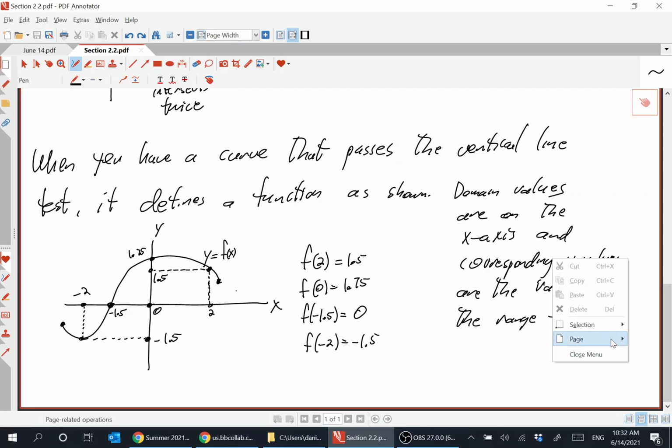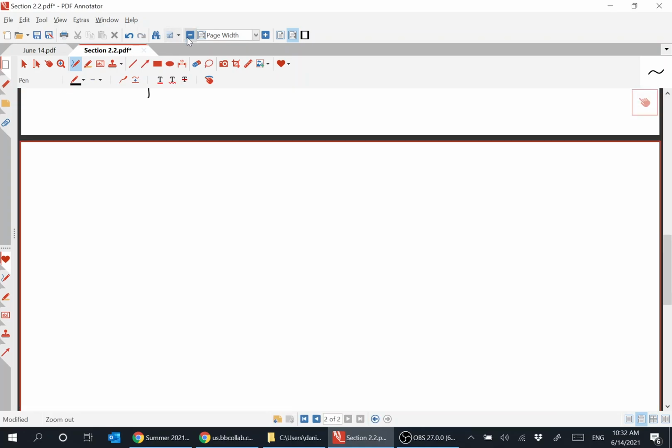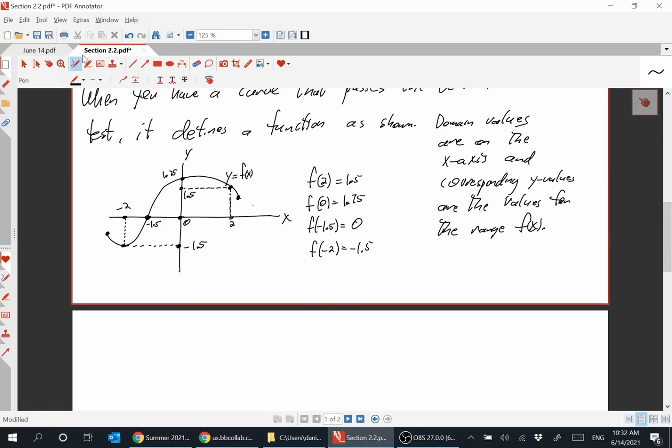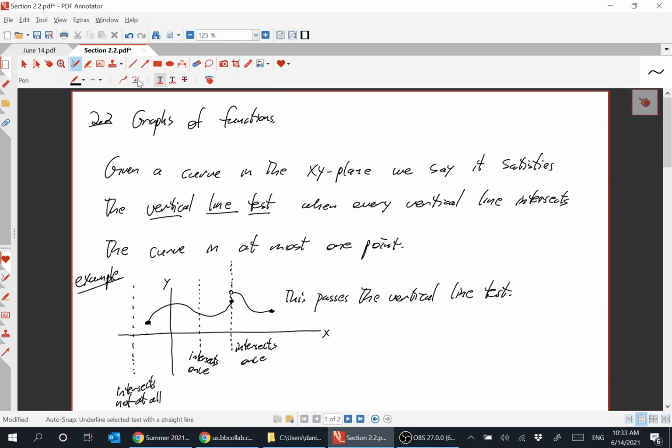So let's look at another one of those. Another example. Well, let's go back to this one here. This one that we drew.